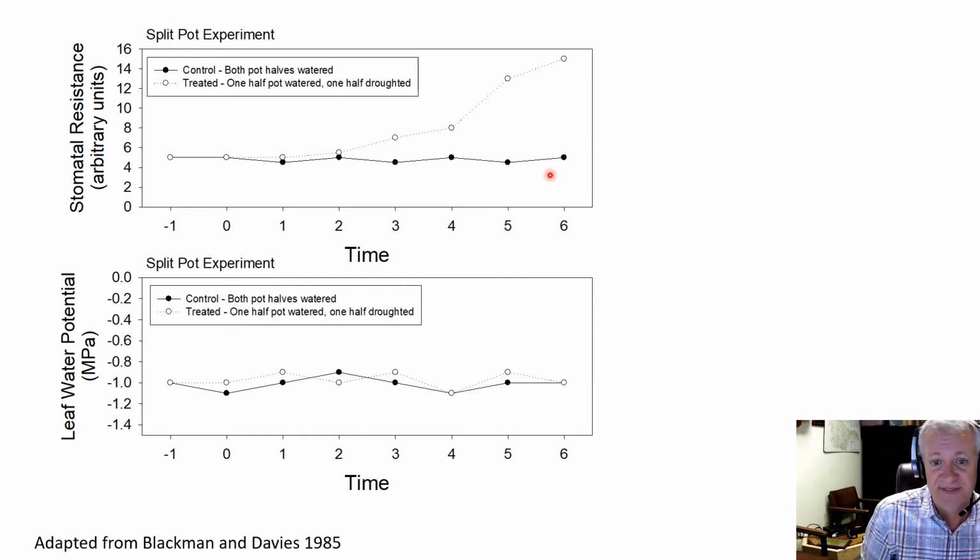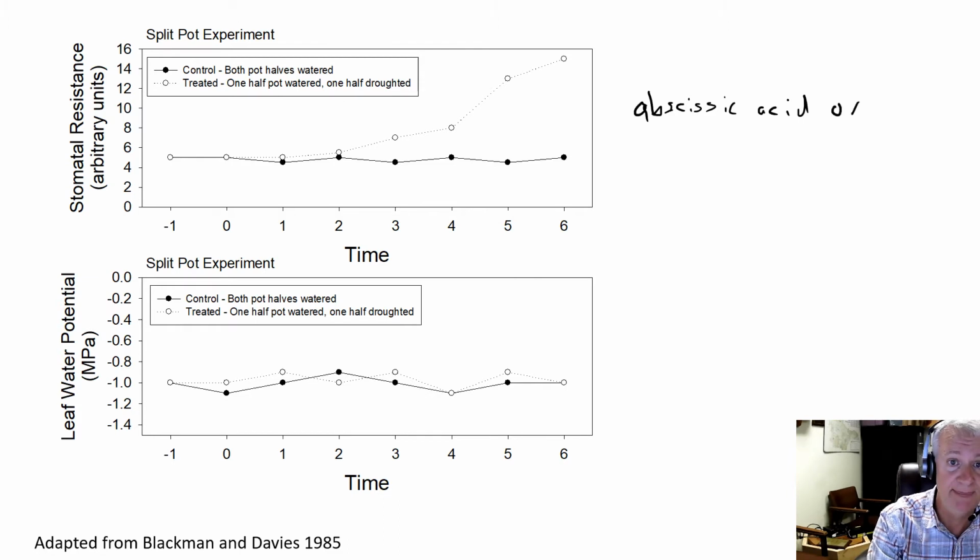What they found out is that this stomatal closure is associated with elevated hormones, in this case abscisic acid, or ABA. Abscisic acid is elevated in the treated plants, and that causes stomatal closure. Okay?